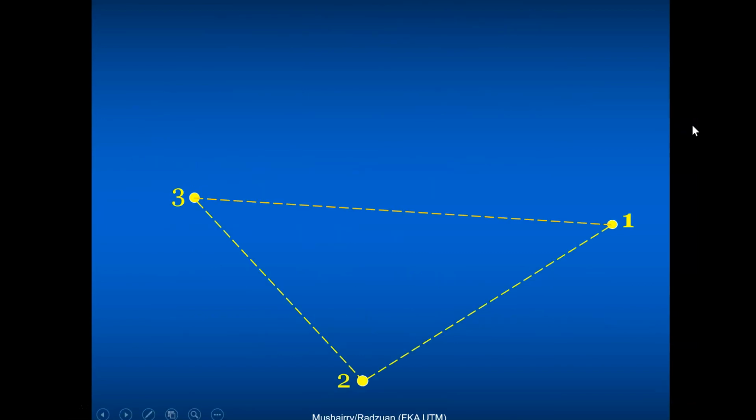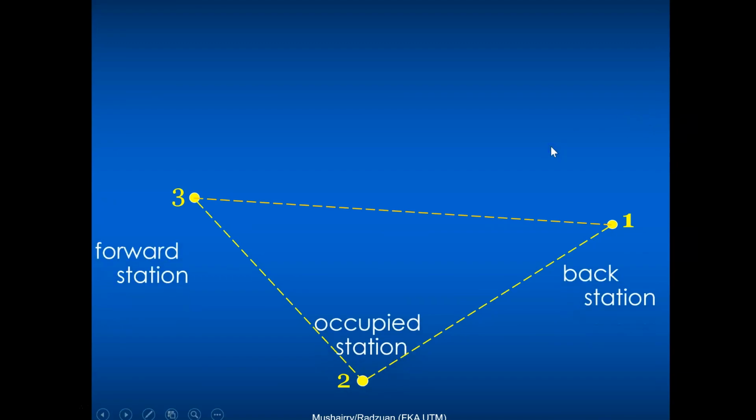Let's assume that we have put 3 points in the ground, like so, point 1, 2, and 3. And we're going to start measuring angles now. So let's say we're going to be on 2. We call that the occupied station. Okay, and let's say point 1 is our back station, and point 3 is our forward station.